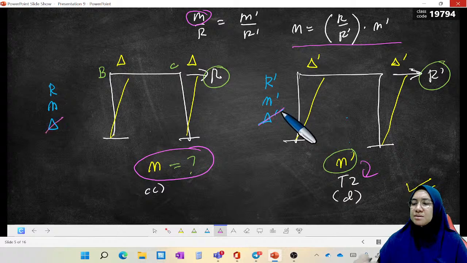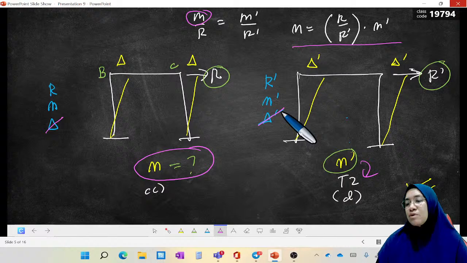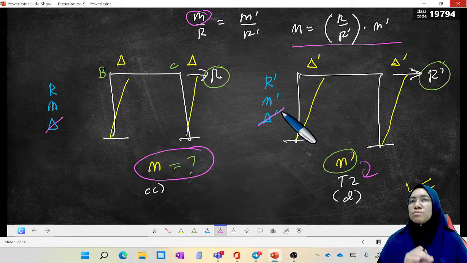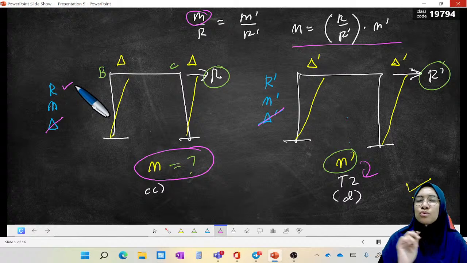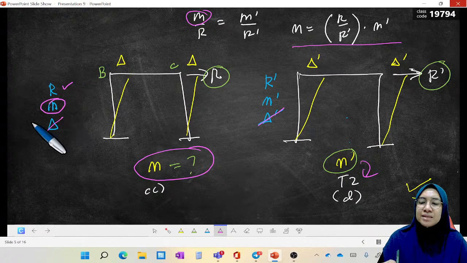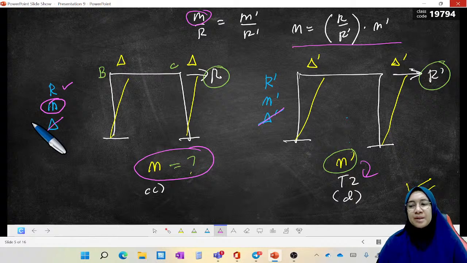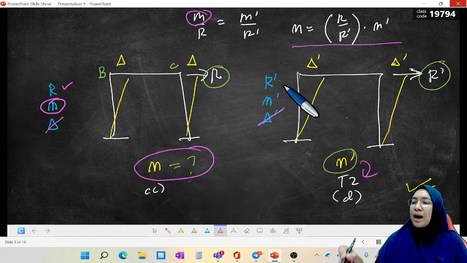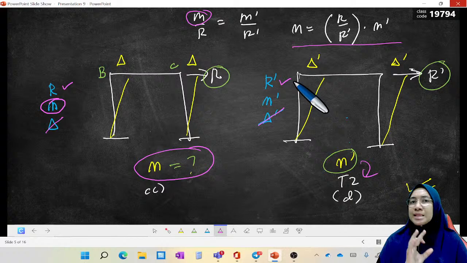So what do we know from these four? R, of course, we get from step 2C. M is the unknown. R prime we can get from step 3C.